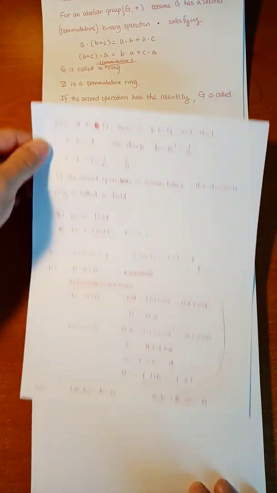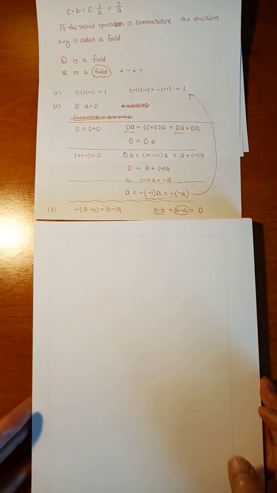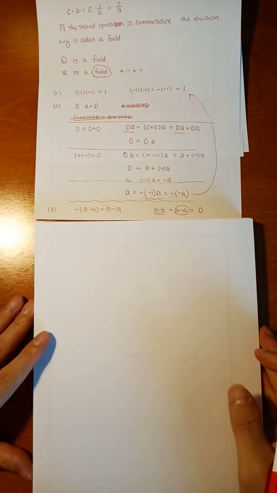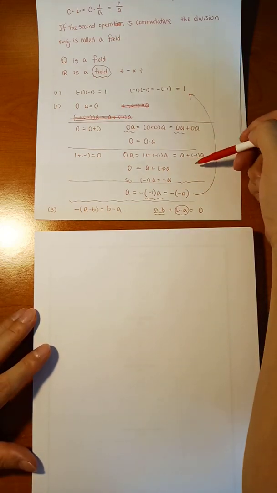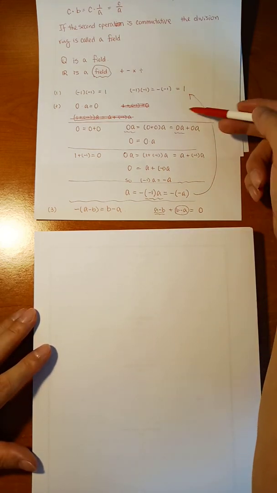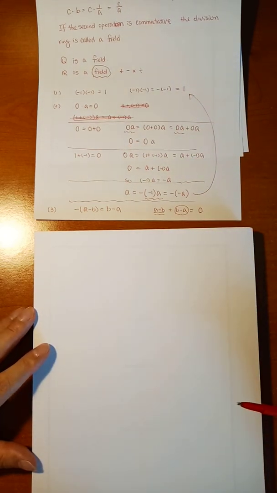Okay, so here we're trying to practice the postulate. It's very important for you to understand how we get those steps. All the conclusions are very straightforward, but the reasons between steps are not straightforward.